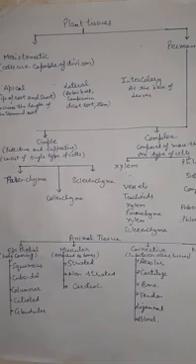Cartilage is present covering the edge of bones and supporting the windpipe, nose and pinna, and its function is firm flexible support. Next is the bone. Bone is present in the skeleton of vertebrates, and its function is to give support and shape to the body.